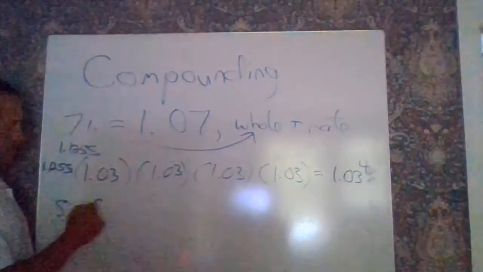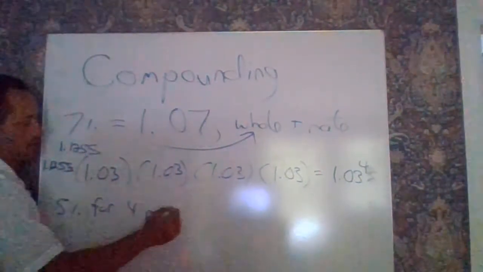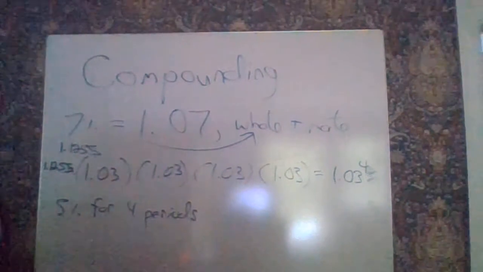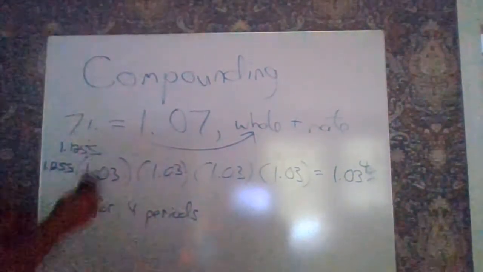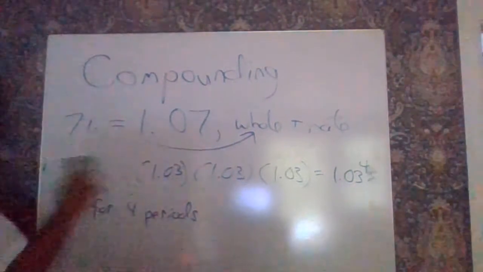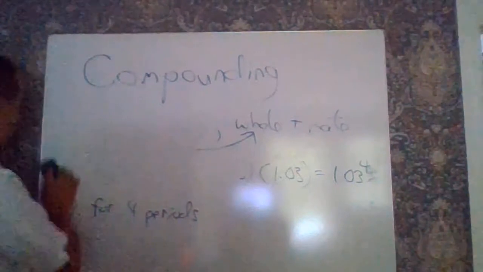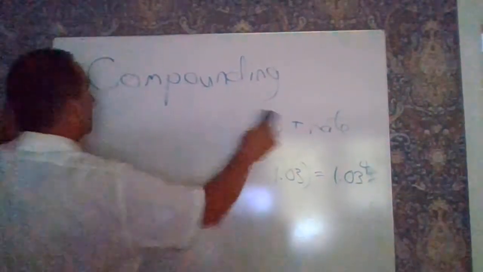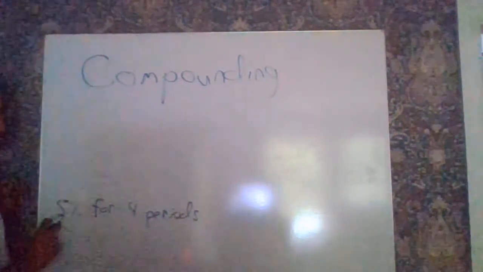Okay, if we up the growth rate, if we want to say 5% for 4 periods, how is that done? Well, we could go ahead and write 4 of them, if that's more intuitive, or we could just use the exponent shorthand. So 5%.